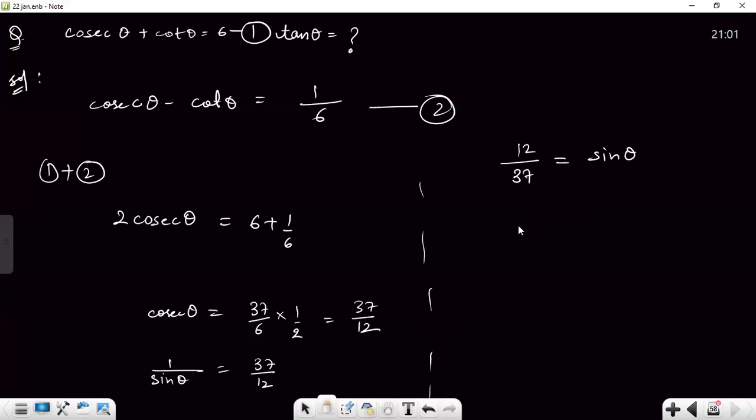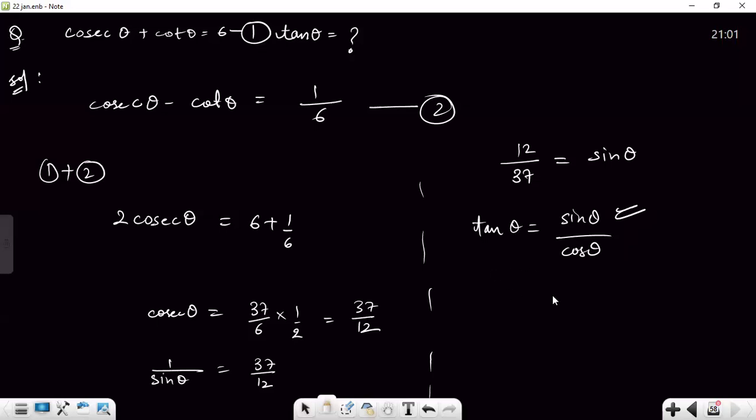We have to find out the value of tan theta. Okay. We know one thing, that tan theta is what? Cos theta by sine theta. Sorry, sine theta divided by cos theta. We have the value of sine theta. For cos theta, we'll find out using the value of sine theta.